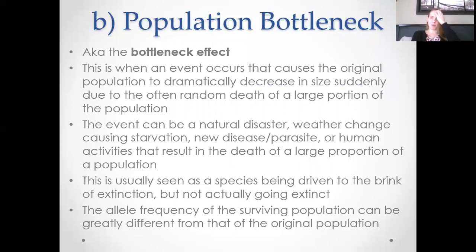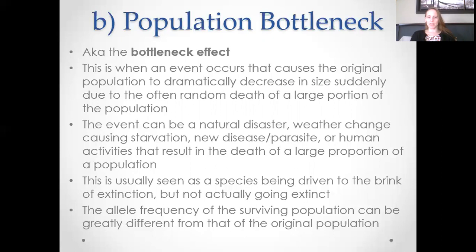Then you have the population bottleneck, which is also called the bottleneck effect. This is when you have some sort of drastic event that is going to wipe out a large chunk of your population. This could be something like a natural disaster, like a volcanic eruption or a tsunami.